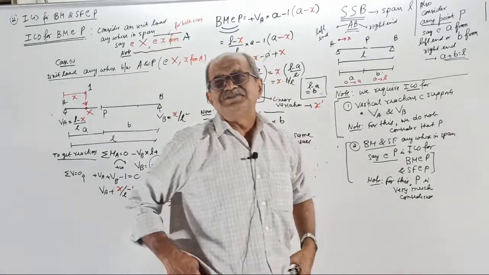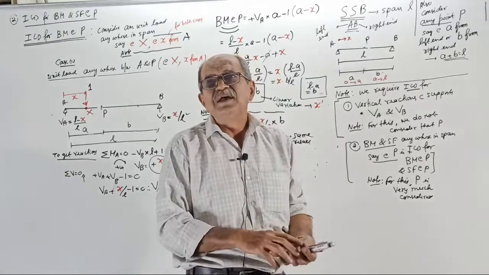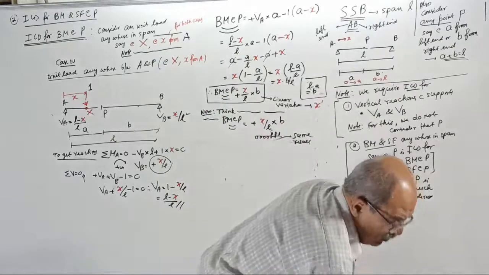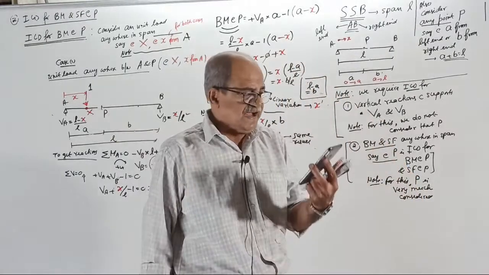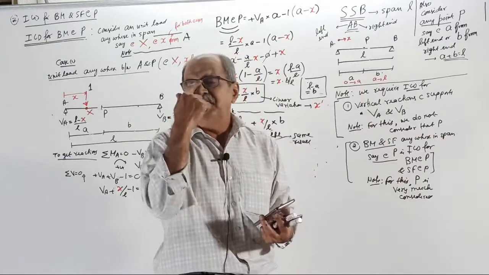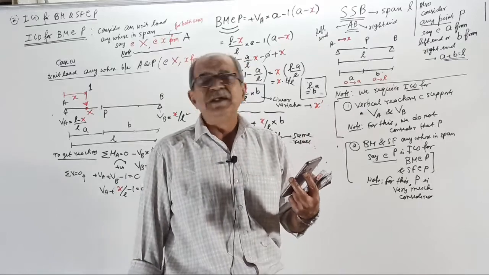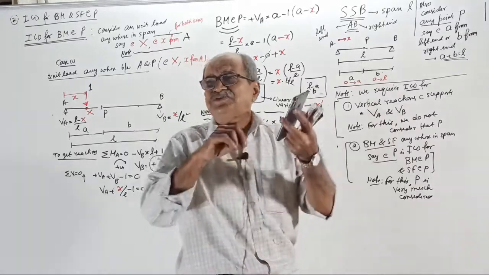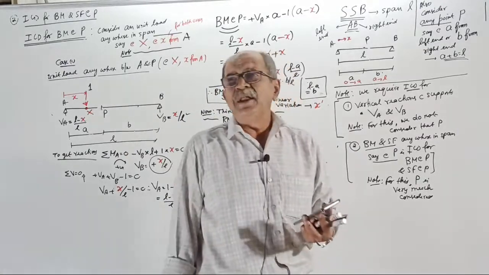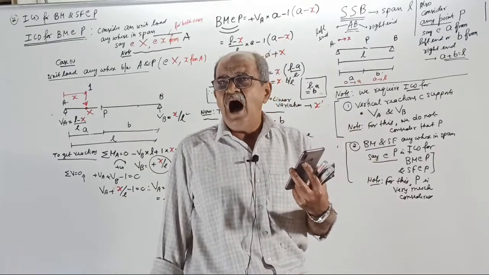Irrespective of whether you consider left side or right side, the answer should always come the same. You know in my class, this I told lakhs of times. Whether you consider left side or right side, shearing force or axial force or bending moment or torsional moment, irrespective of which side you see, both sides should give the same answer. If you remember, I used to tell, if different answers are coming, that is the last day of my teaching.